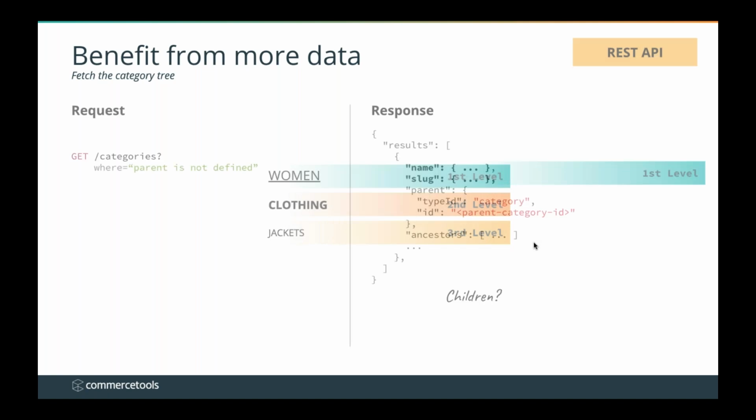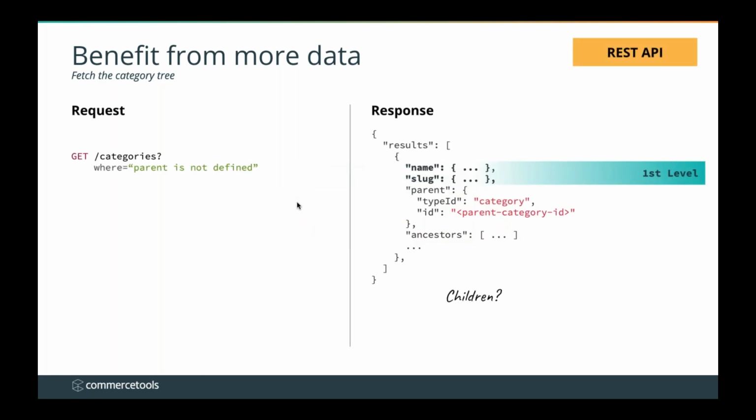If we try to do it with the REST API, we can try by saying, okay, give me those categories that do not have a parent. Those would be the first level categories, the root categories. And then we can get information that we want. But we will see that we only have parent information and ancestors information. What about the children? We don't have access to the children.